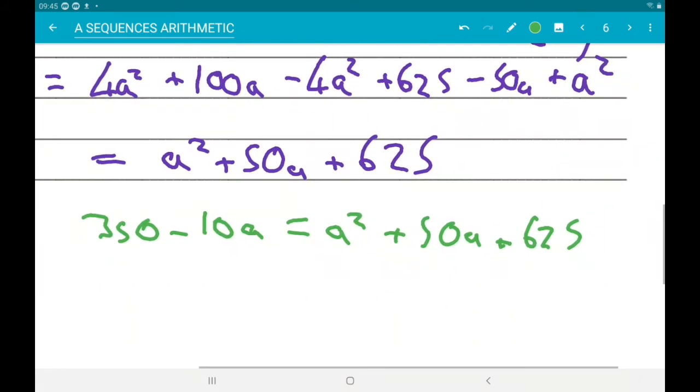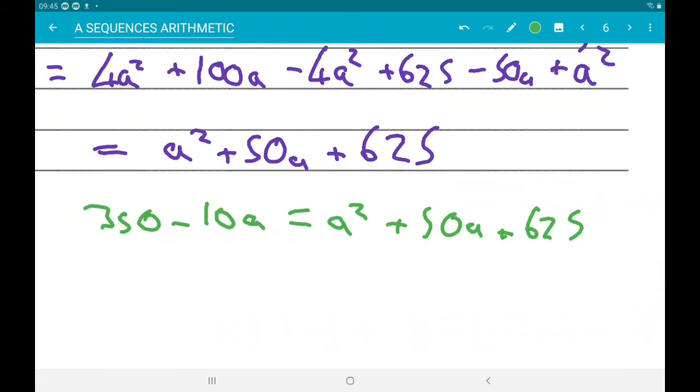Alright, so this is a quadratic, so we want everything on the same side equal to 0, so we can get a squared plus 60a and then take 350, so that's 275, and that is equal to 0.